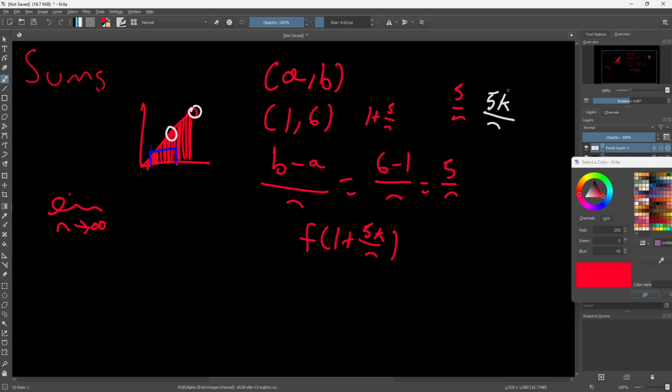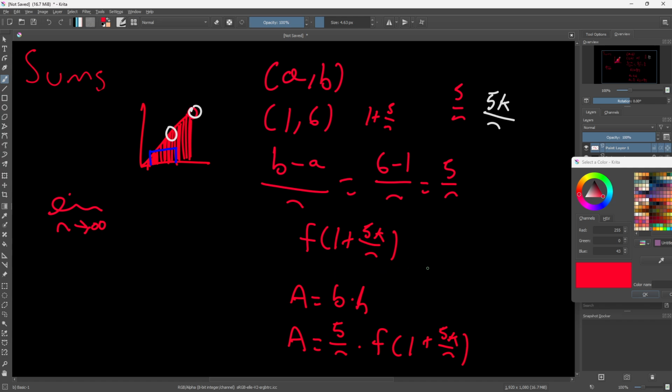And so then you might be like, well, you need to add up all of the areas, right? So let's keep in mind area equals base times height. And so for this, the area would equal our width, our base, 5 over n times f of 1 plus whatever rectangle. But there's an infinite number of rectangles.